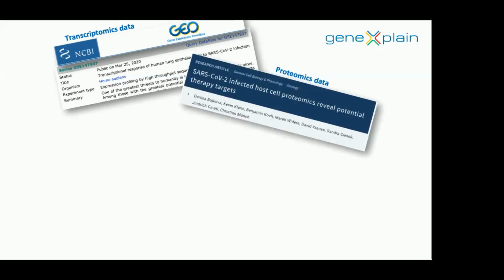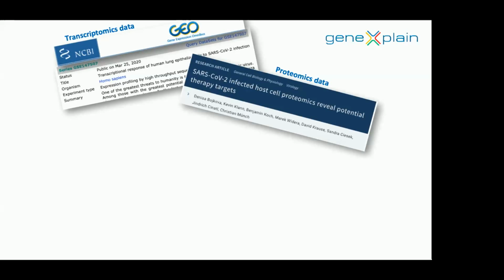And then we will take this data, and we will also take the proteomics data from another recent paper where the cells were also infected by coronavirus, and mass spec proteomics was done. So basically, it's a lot of data.